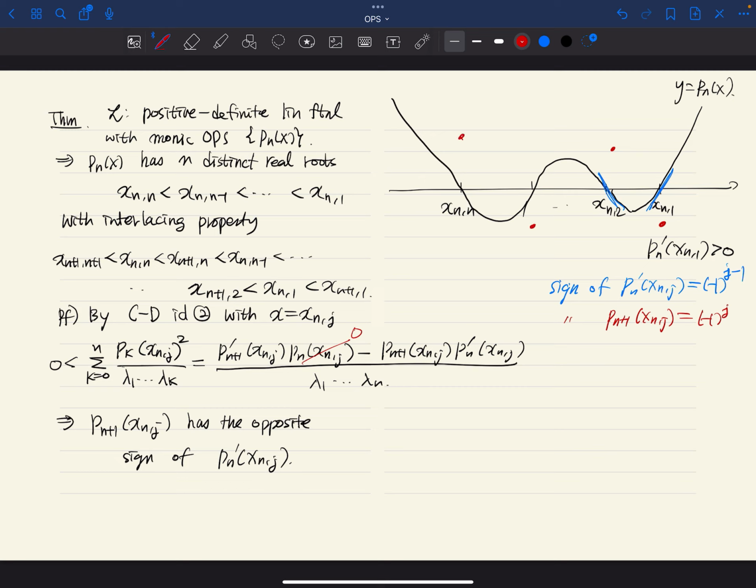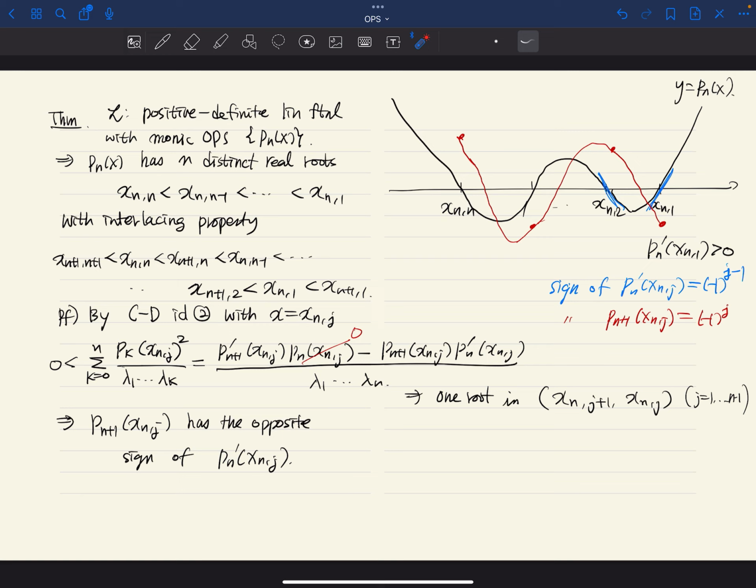Because this is a continuous function, we have to connect these two, and also these two, like that. So that means one root in this open interval (x_{n,j+1}, x_{n,j}), for j from 1 up to n minus 1 actually.